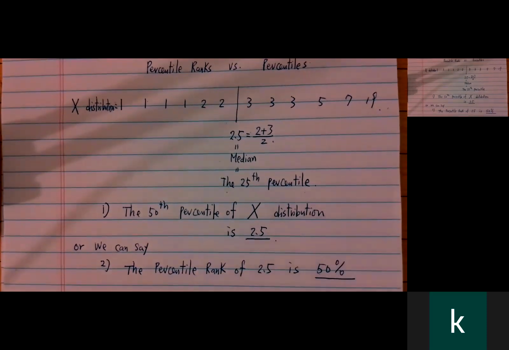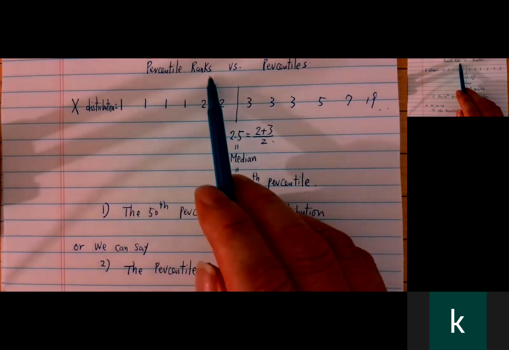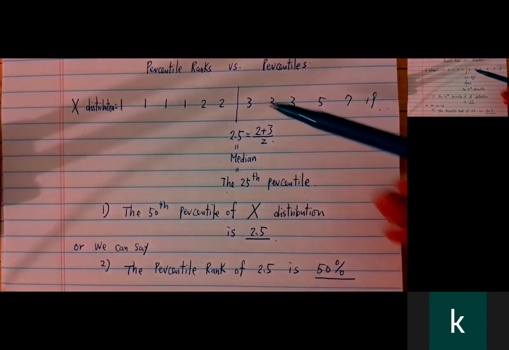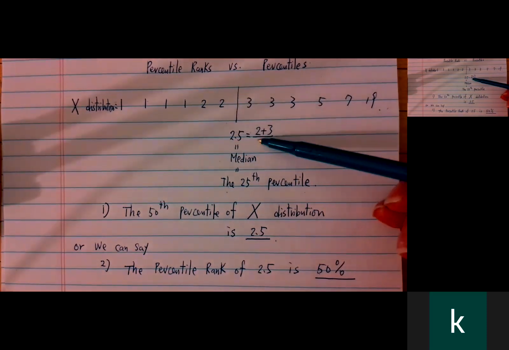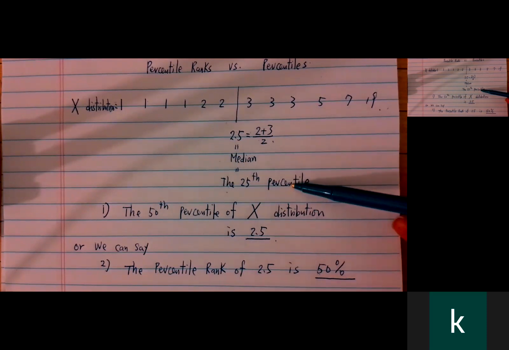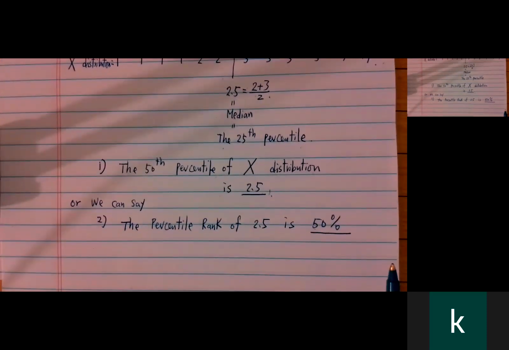Let me try one more time. Percentile rank and percentile. We know 2.5 is the median, or we call it the 50th percentile of the X distribution. The 50th percentile of the X distribution is 2.5. Or the same fact, we can state it in a different way. We can also say the percentile rank of 2.5 is 50%.